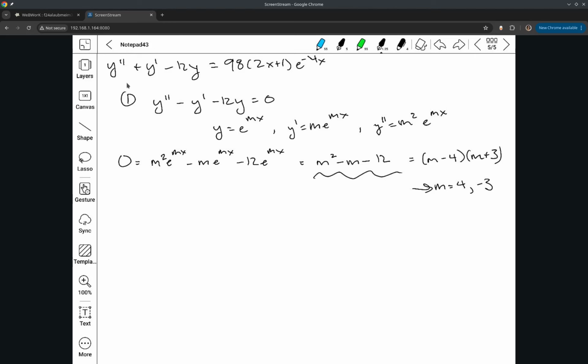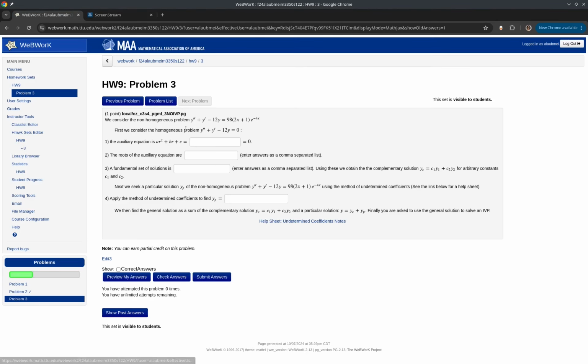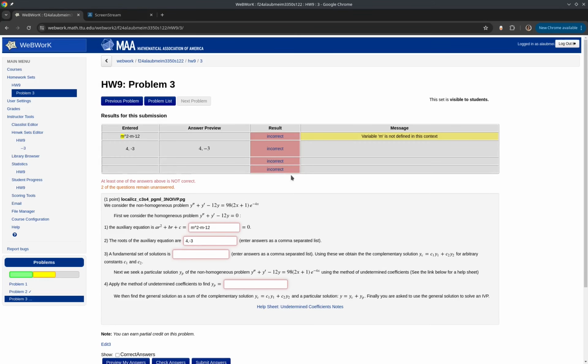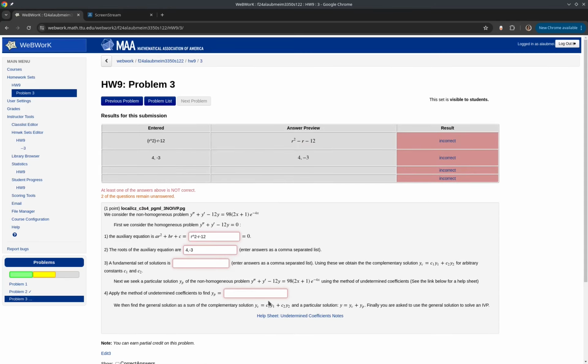So I'm going to check that those are right real quick. M squared minus M minus 12, 4 minus 3. Oh no. R squared minus R minus 12. No. Oh no, I calculated my equation wrong.